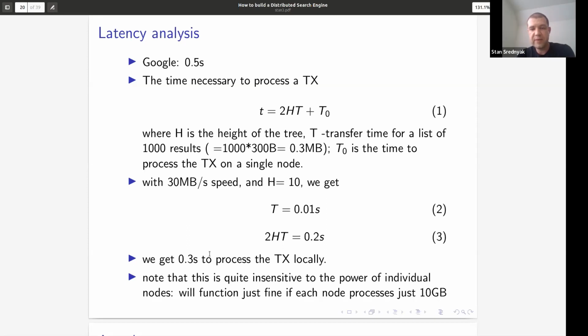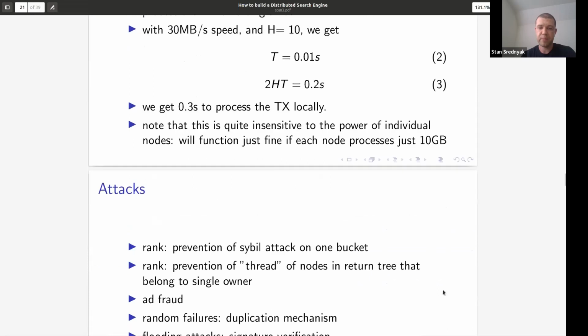This is our latency budget. And we assume that each node is actually minimal. Each node is assigned about 10 gigabytes of data, so they don't even store much data.